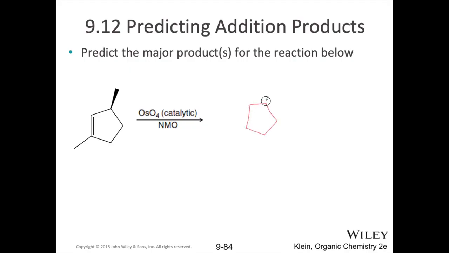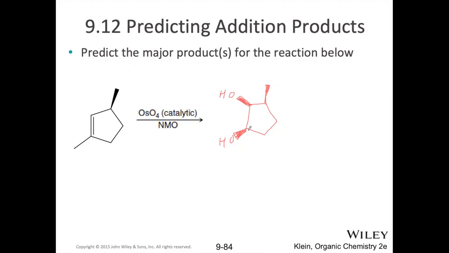All right, so if we're looking at our product for this, here's our 5-membered ring. We know that we've got our methyl group sticking up here. We could add both of our alcohol groups to the same side, from the top, let's say here. So let's say these are both sticking up. Okay, so here's our two OH groups. Then what happens to this methyl group?